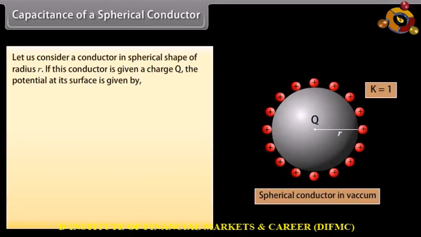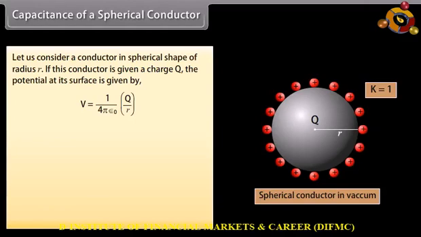Let us consider a conductor in spherical shape of radius r. If this conductor is given a charge Q, the potential at its surface is given by V is equal to 1 upon 4 pi epsilon naught multiplied by Q upon r.